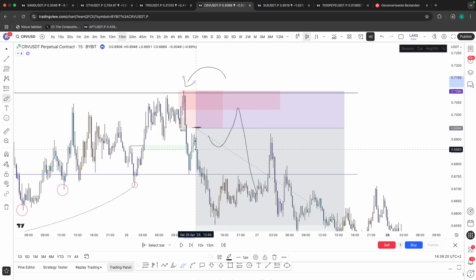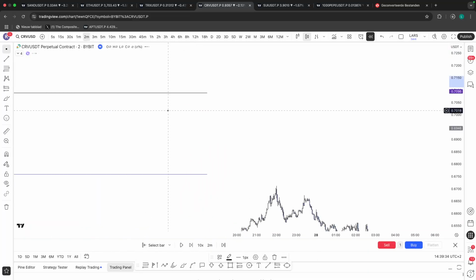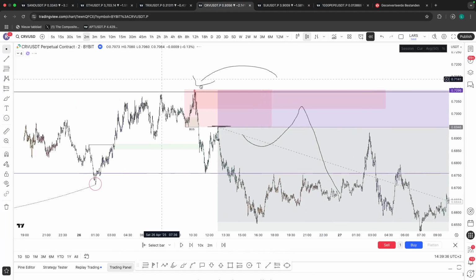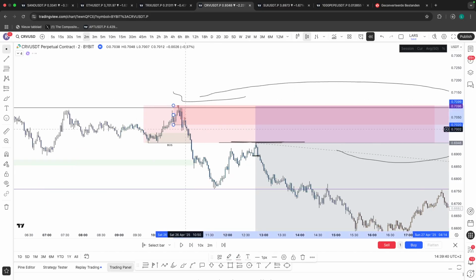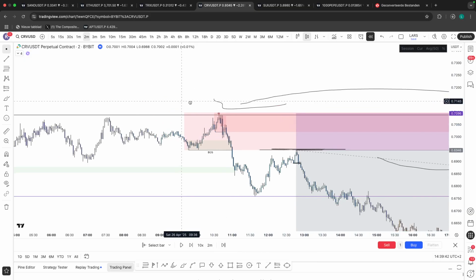However, you guys know by now that if we want to validate proper OBIFs, we also go to the lower time frame to see what the OBIF on the lower time frame is consisting of. And right here on the lower time frame, we can see that that OBIF was already this 1 minute structure supply that already got mitigated.